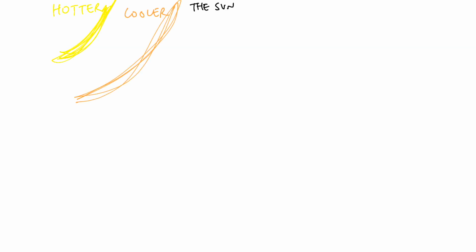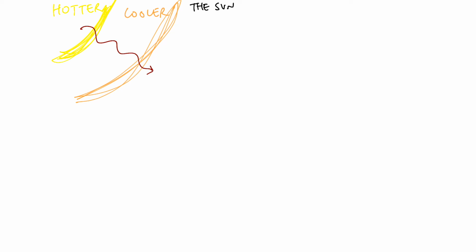So I've got a picture of our sun just here. We've got the hotter region and then the cooler region. As photons pass through the gas, some are absorbed by the gas atoms, and that raises the electrons up to a higher energy level, exciting the atoms.